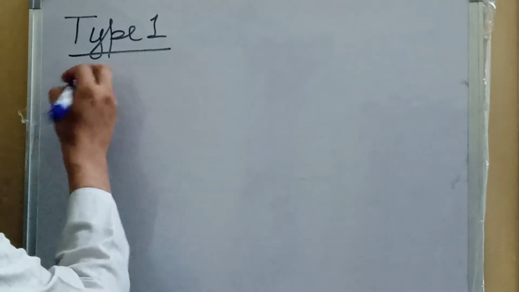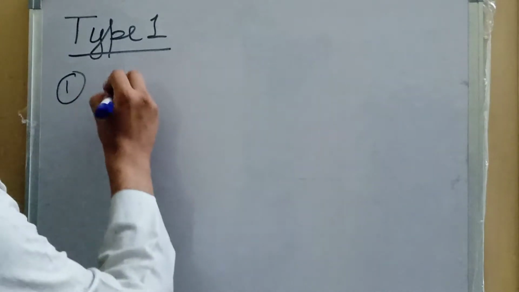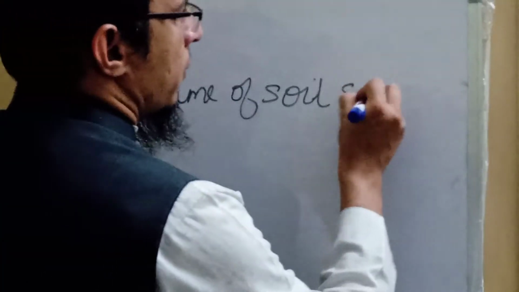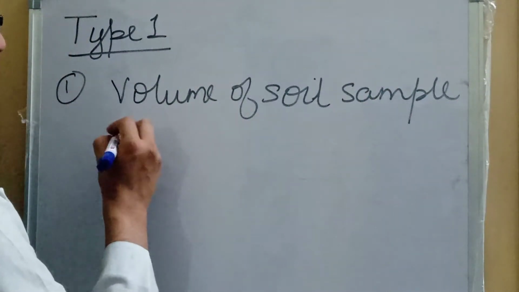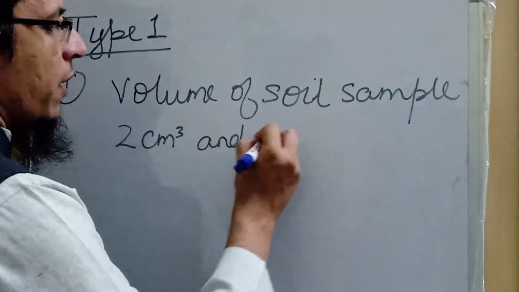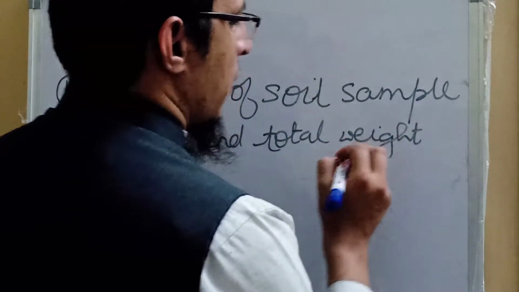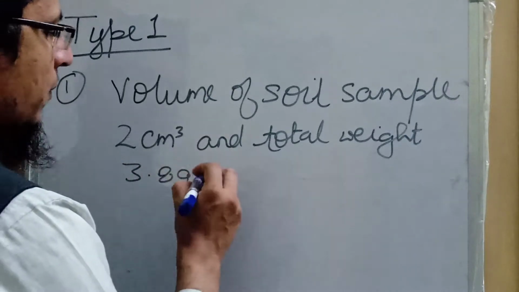Suppose we are given that the volume of the soil sample is around 2 centimeter cube, and the total weight is 3.8 grams.